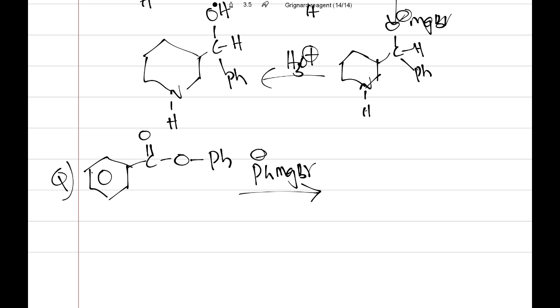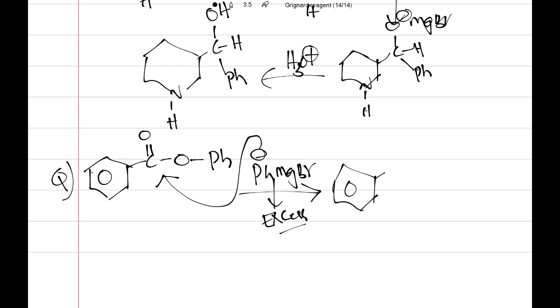Same thing, Ph minus is attached to this carbon. Here I am taking this in excess. Now benzene is here and carbon is with single bond O minus, attacked by the Ph, and we can get OPh along with this MgBr.